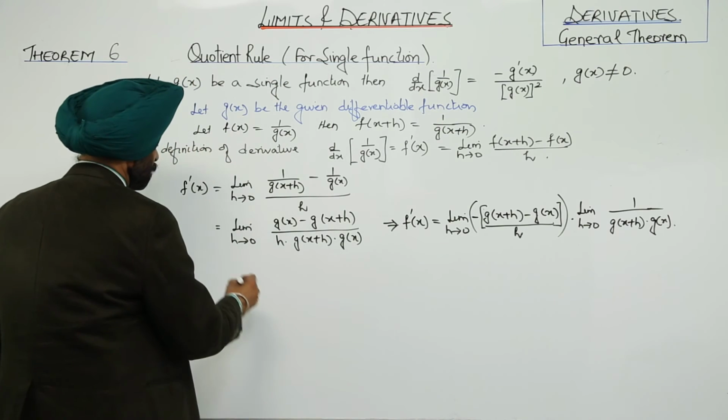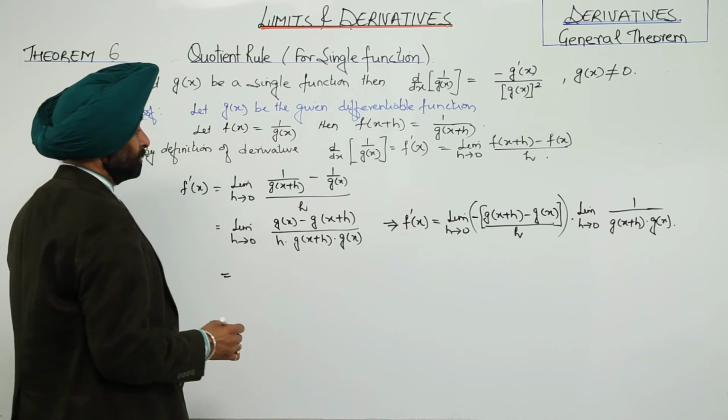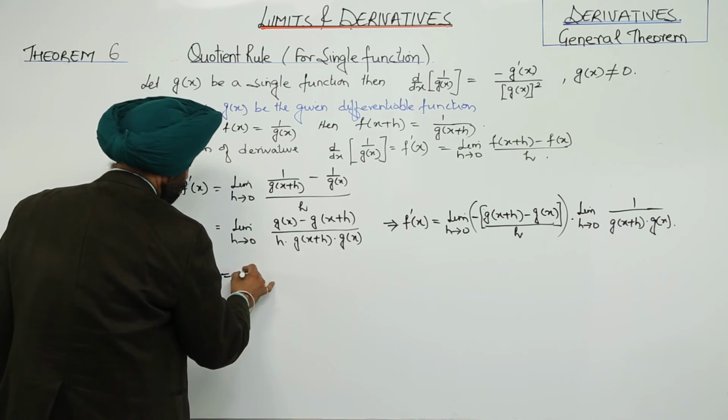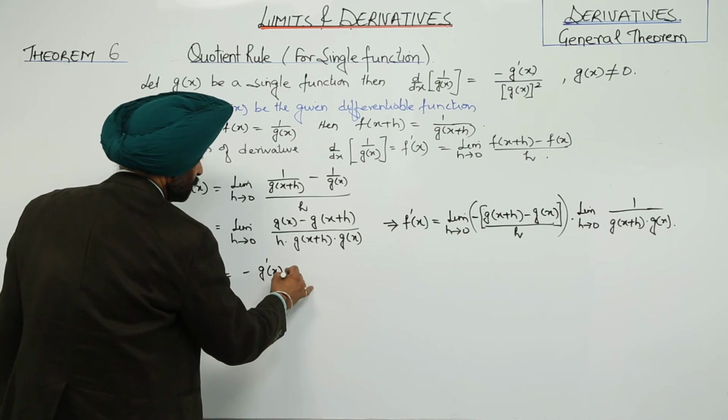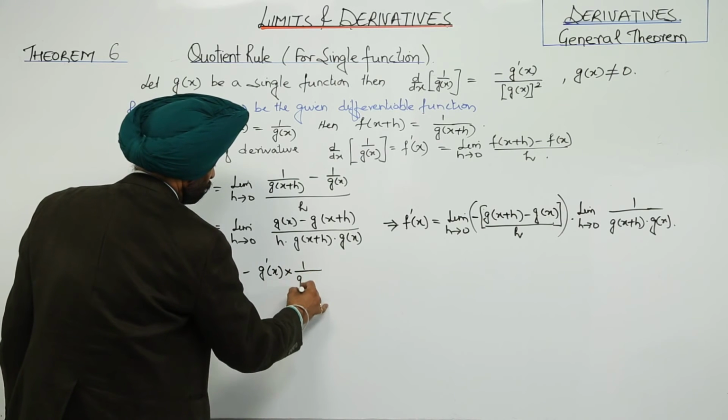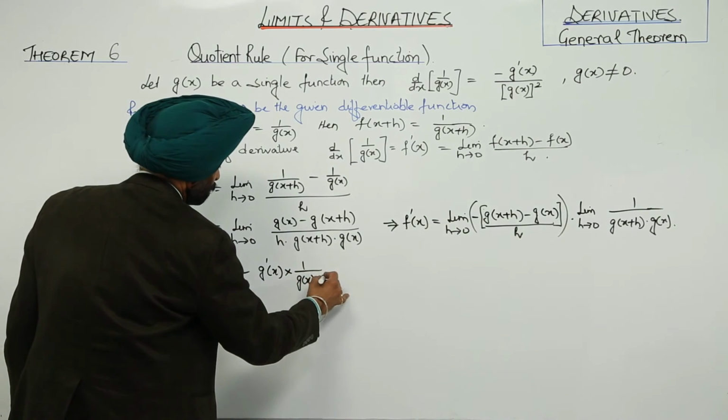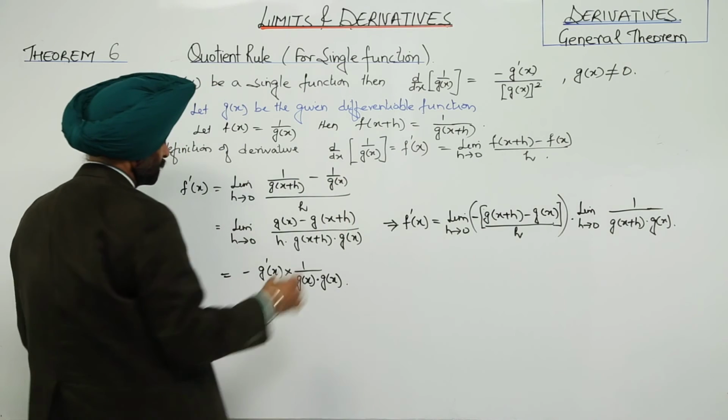Now this becomes negative of g derivative x times 1 upon g(x) with g(x).